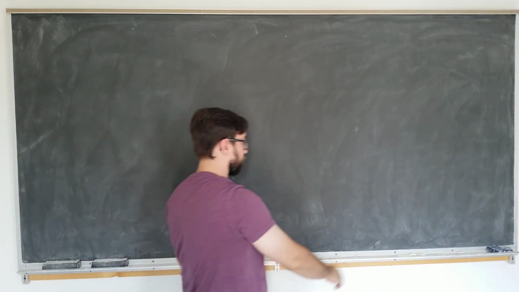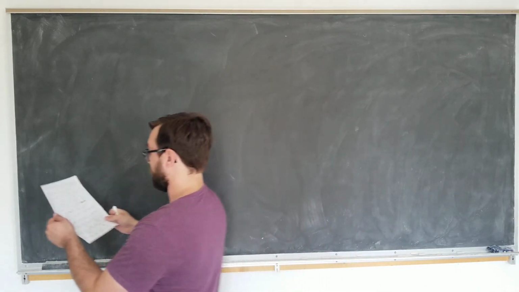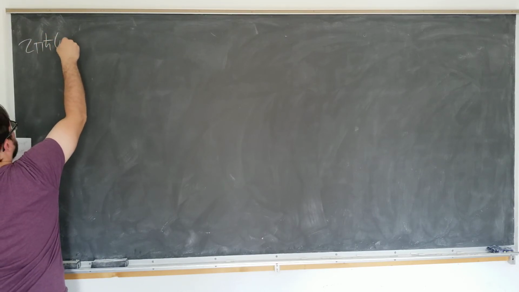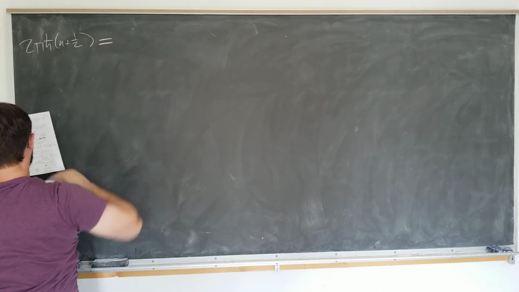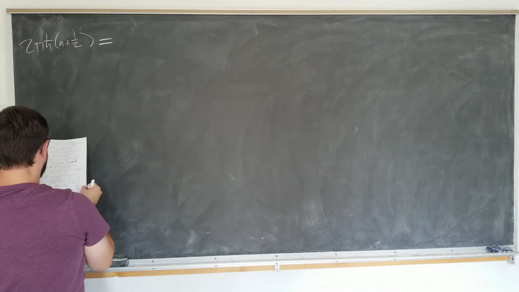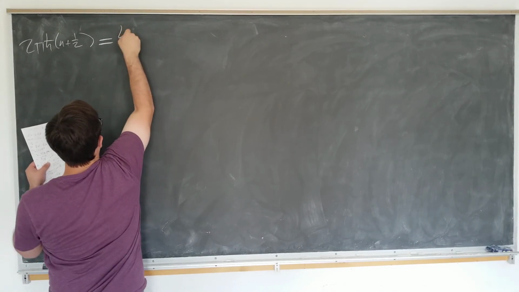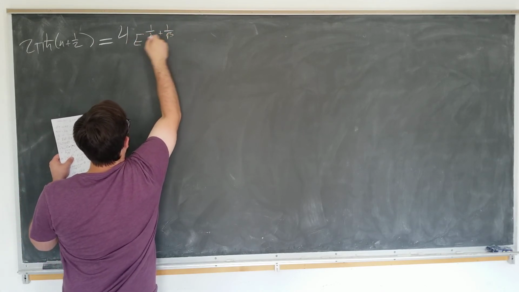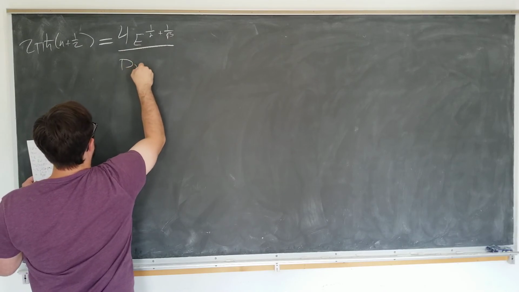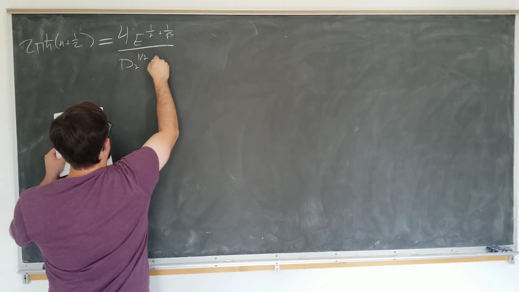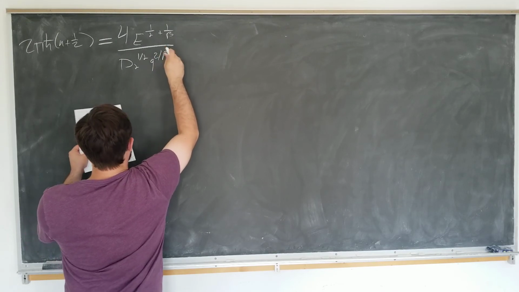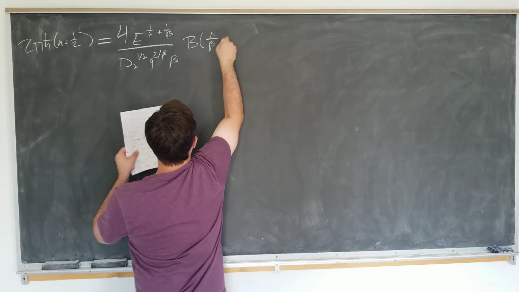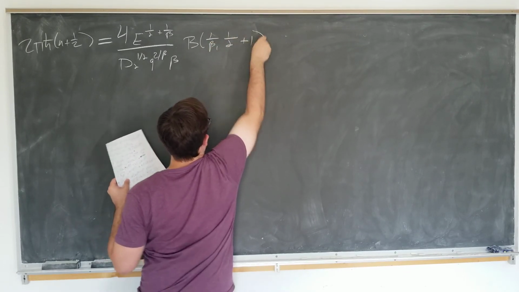All right. So, our Bohr-Sommerfeld approximation instructs us to set 2 pi h bar times n plus 1/2 equal to what we had earlier with the constants put back in, which I'll just do for you now. 4e to the 1 over alpha plus 1 over beta over d alpha to the 1 over alpha power, q to the 2 over beta, times beta times the beta function of 1 over beta, 1 over alpha plus 1.